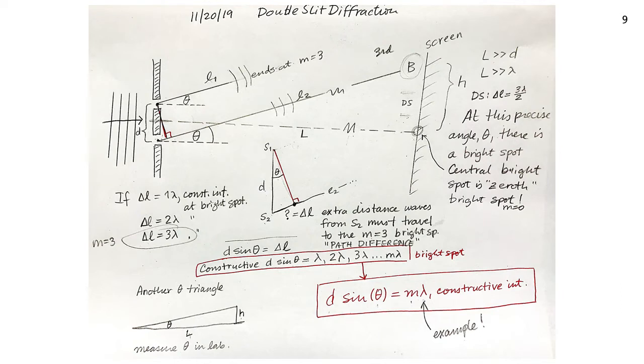And let me get some pencil action here. And here's my pens. Here's my trusty protractor, although I don't really need this protractor today. Okay, double slit.